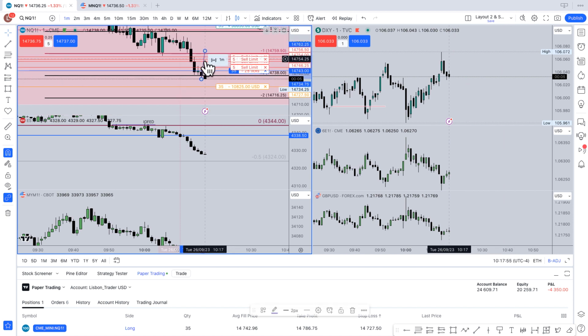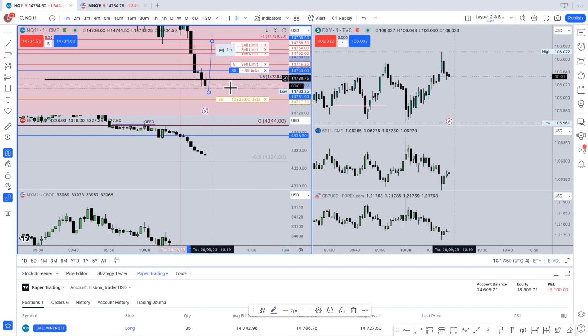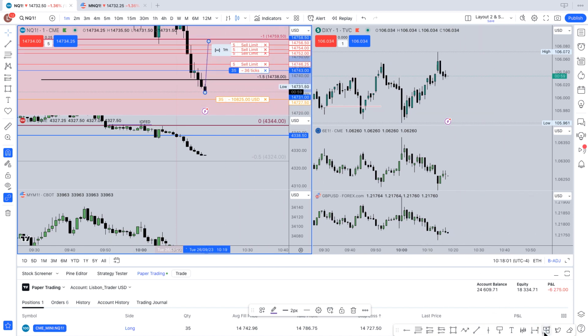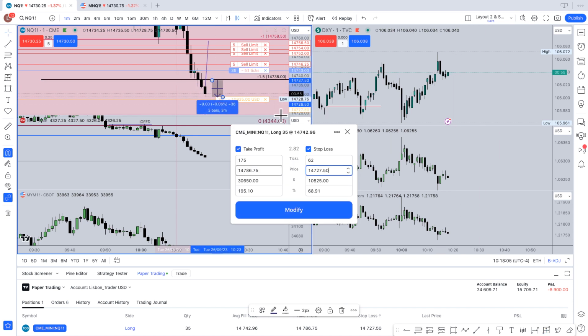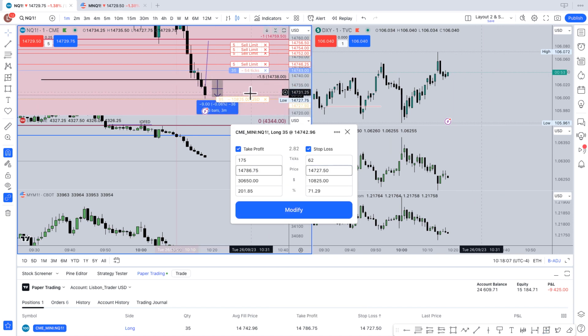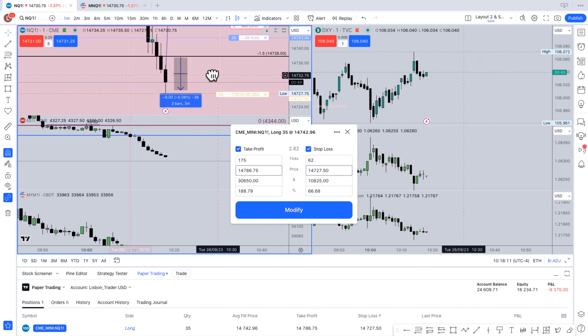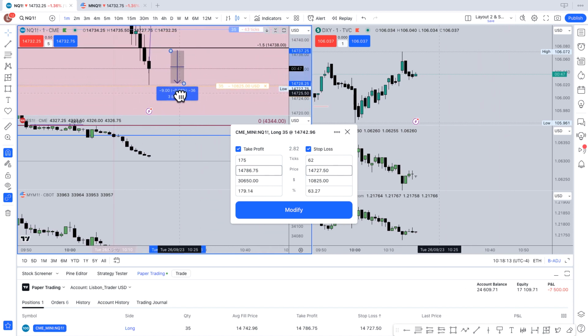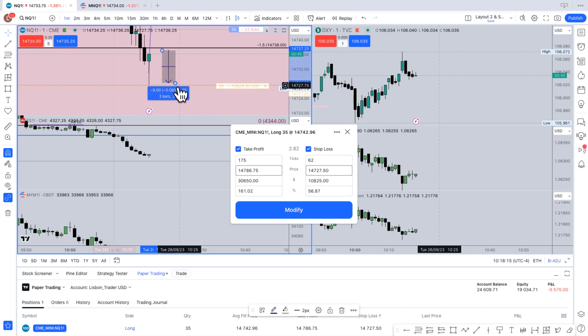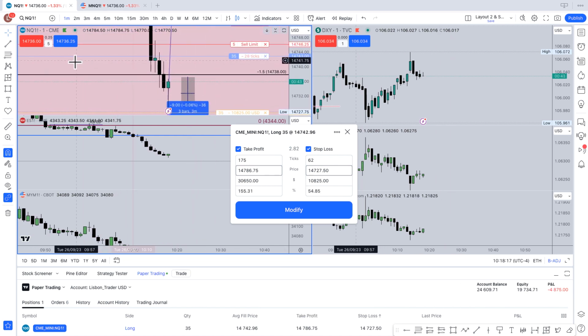So in theory, unless you want to dive a little bit, 5 handles. Yeah, did not reach my stop. There, it's already pumping higher.